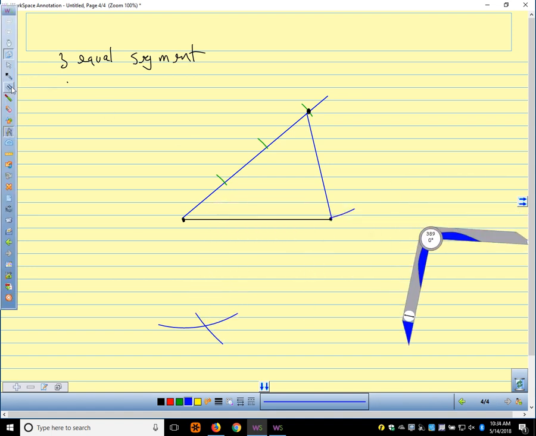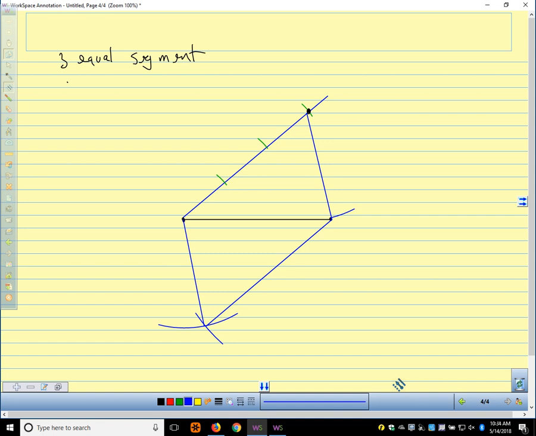And now I'm going to connect those this way to copy that triangle onto the other side of the line. So what I've done there is constructed a parallelogram, and this triangle is this one reversed.